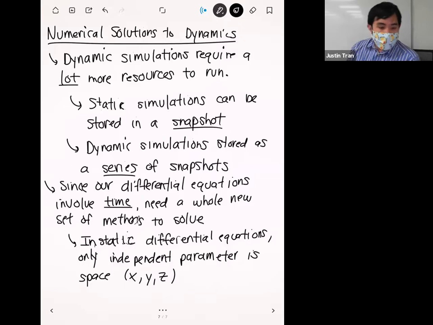All right. And so the thing with solving things in space is that you can solve things at different locations at the same time.